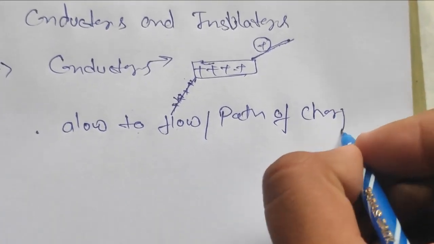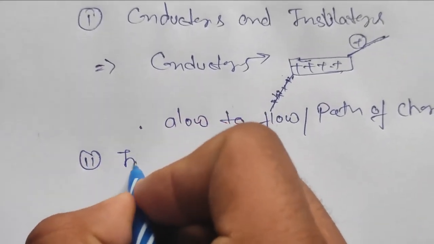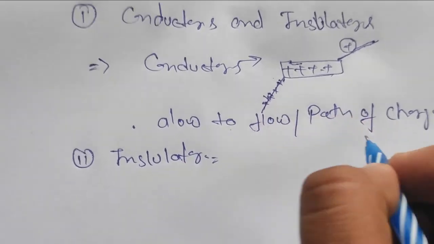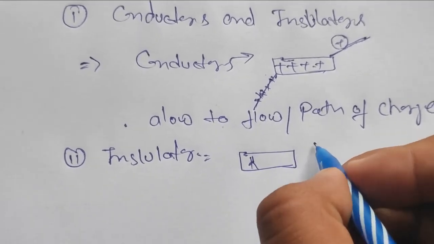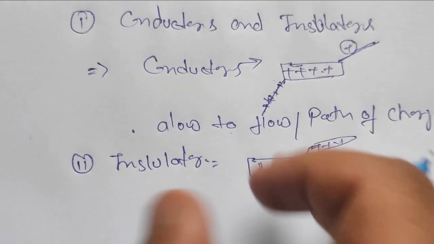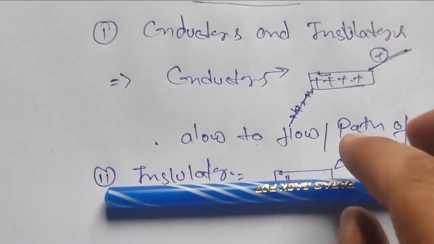Now insulators. If this is my rubber band, and I carry a positive charge through the pen, it does not allow the charge to pass. In this case my pen also behaves like an insulator.